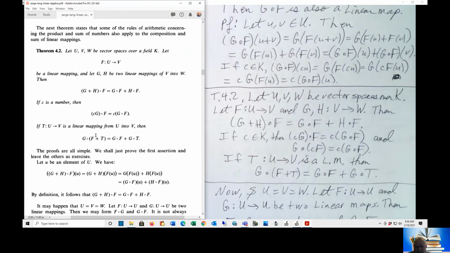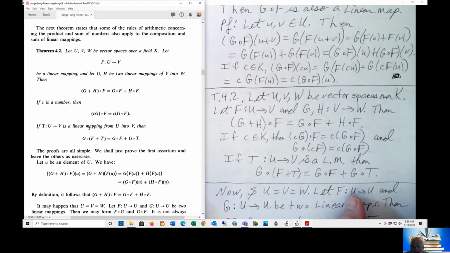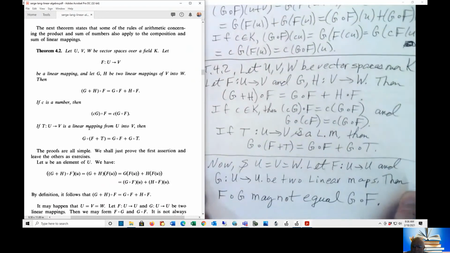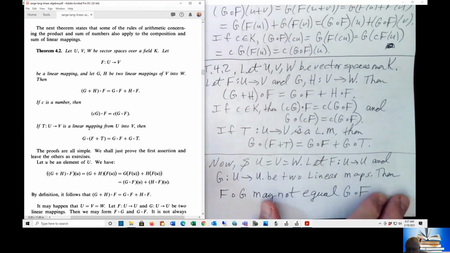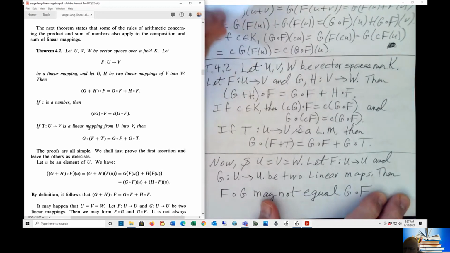Now we notice that, suppose next that U and V and W are all three the same vector space, and F and G are two linear mappings from U to U, then in general, F composed with G may not be equal to G composed with F. You see examples of that in college algebra, for example.